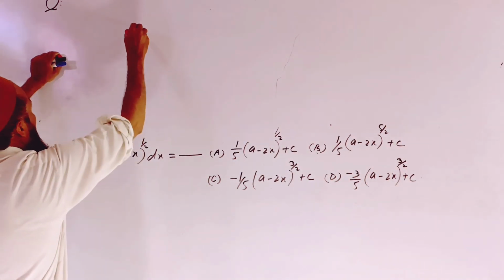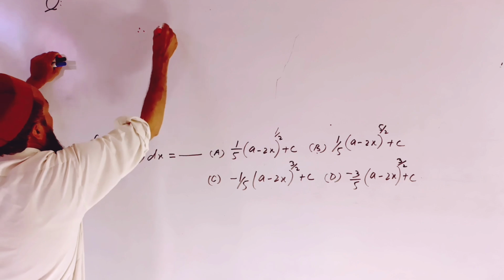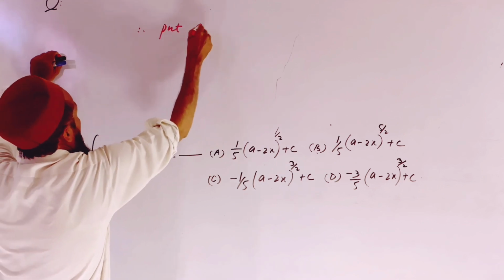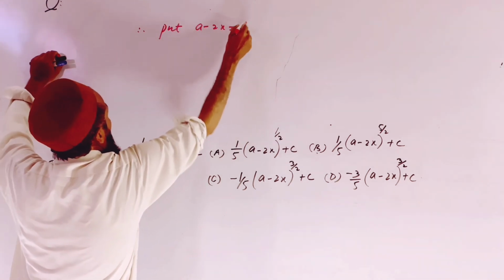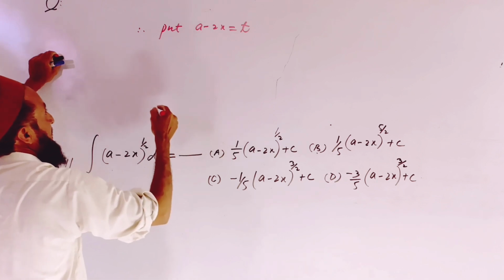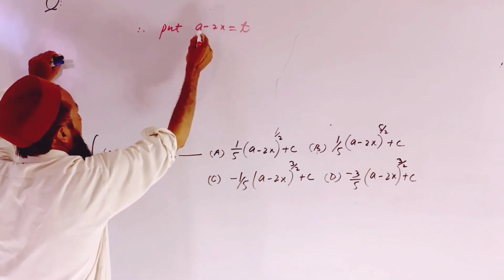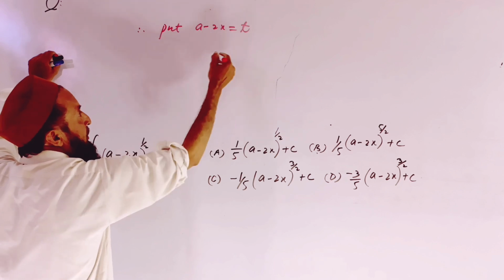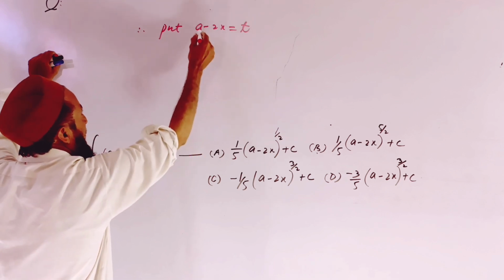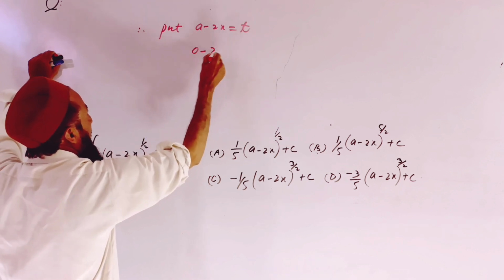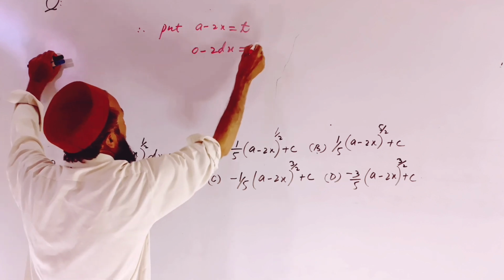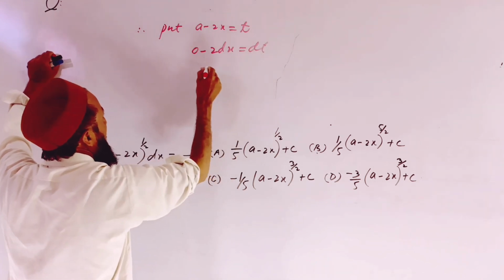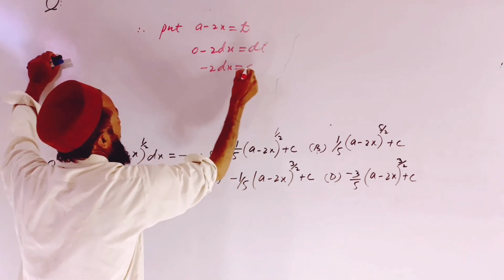Look here, we put a minus 2x equal to t. Differentiating with respect to x, a is constant so this will be 0, minus 2 dx equals dt.